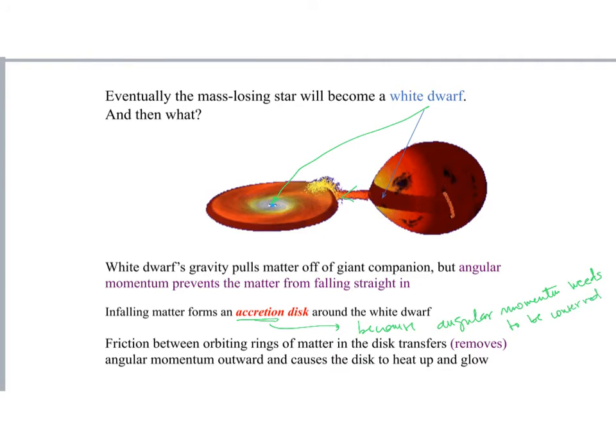In that disk, there's a lot of friction between the orbiting bits of matter, rings of matter if you want, right? The rings of matter in the disk. And because of that friction, there is going to be a removal or transfer of angular momentum outward, and that is going to cause the disk to heat up and glow.